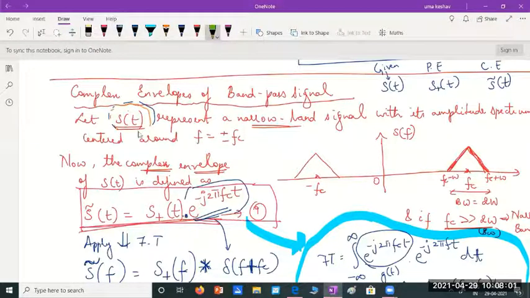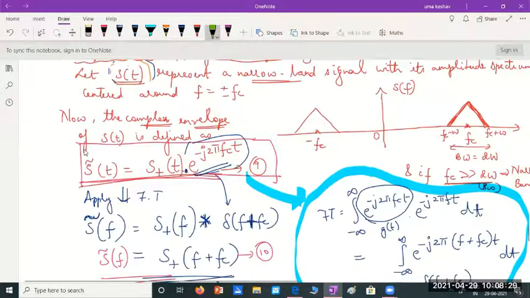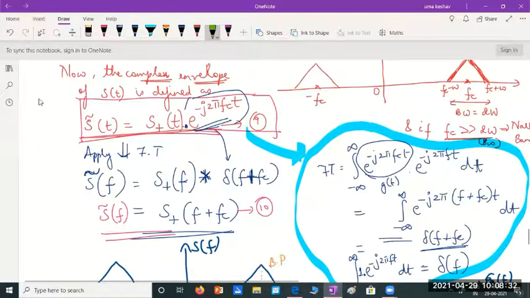We have considered the given input signal as S of t, and we have considered it as a narrow band signal. As you can see here, the magnitude response of S of f, the Fourier transform of the signal, is shown. And I told you we'll consider it narrow band when its bandwidth is very small when compared to the center frequency Fc. Then we defined this term known as the complex envelope.